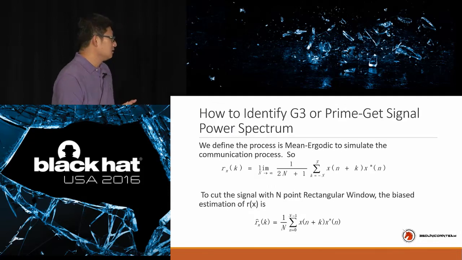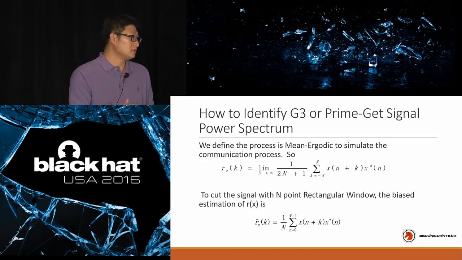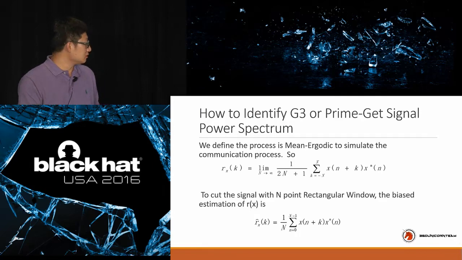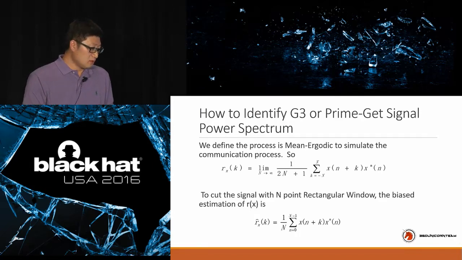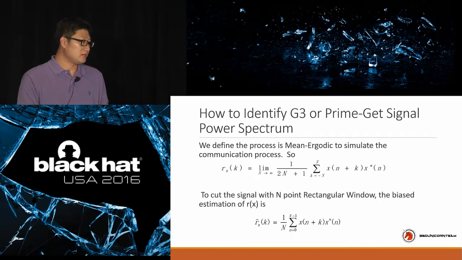So we cut the record, which means we pass the record through a window. The finite length of the data record is the most important limitation on the quality of the power spectrum estimation. The longer the data record, the better we can approach the real power spectrum.